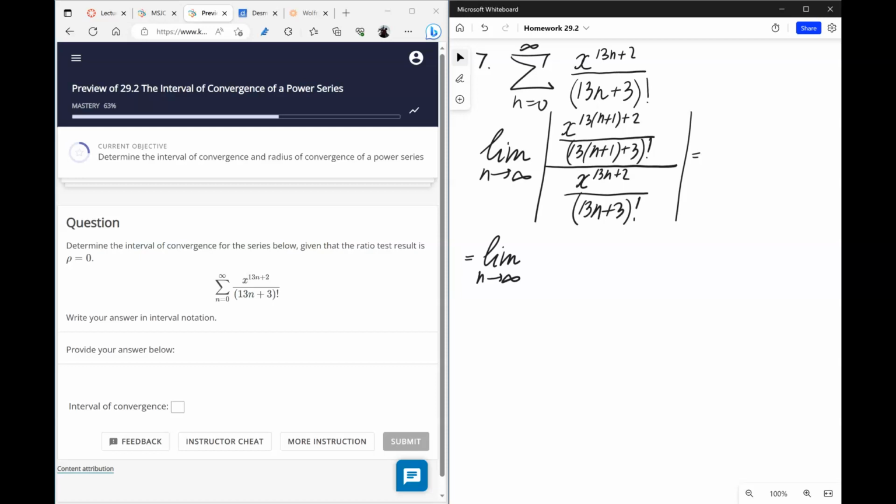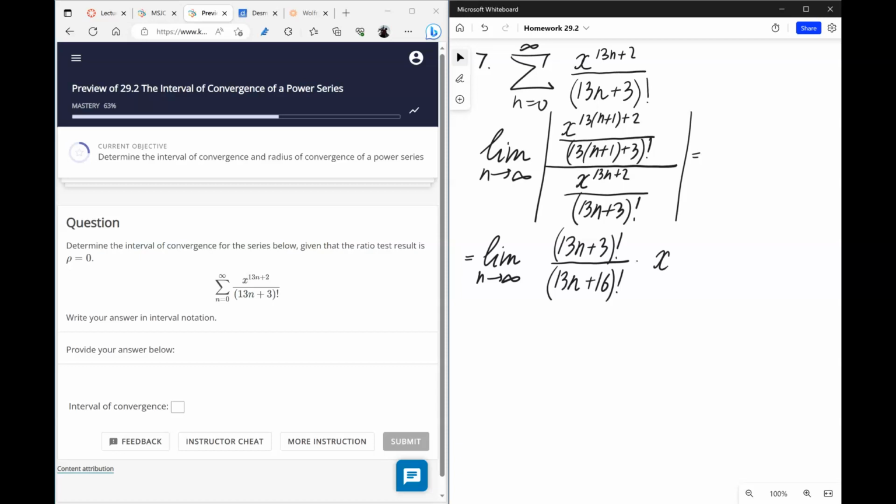We have 13n plus 3 factorial divided by 13n plus 16 factorial, and we have x raised to the power, so 13n goes away.